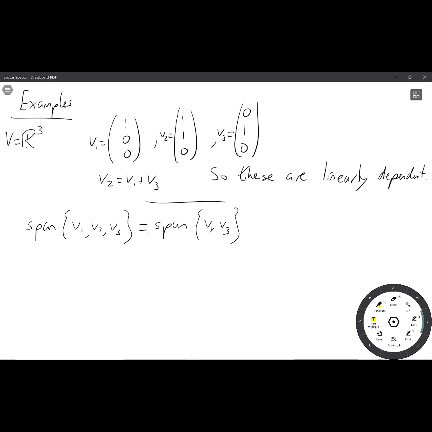Okay, so removing v2 doesn't change the span. Let's call this U. U is a vector subspace of V. It's a two-dimensional plane in R3.